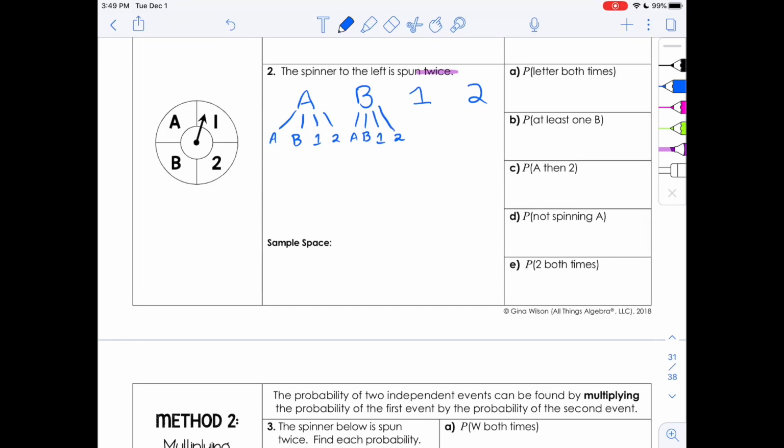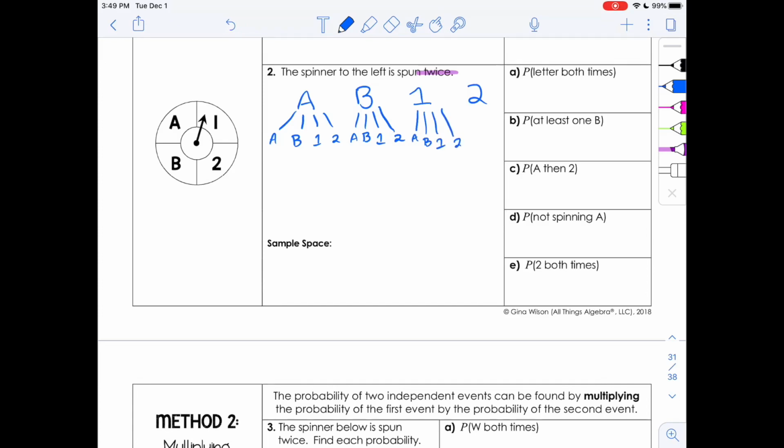If it lands on 1 the first time, it could land on A the second, or B, or 1, or 2 the second time. If it landed on 2 the first time, it could land on A the second time, or B, or 1, or 2. Now go ahead and write down all of your possible outcomes in the sample space.